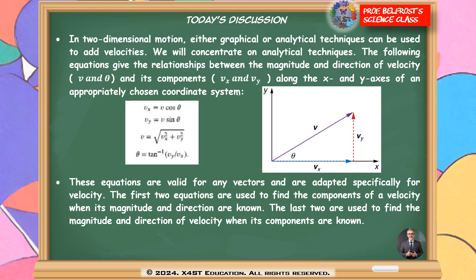Here are the formulas that we can utilize for the analytical technique. These equations are valid for any vectors and are adapted specifically for velocity. The first two equations are used to find the components, and the last two are used to find the magnitude and the direction of velocity when its components are known.